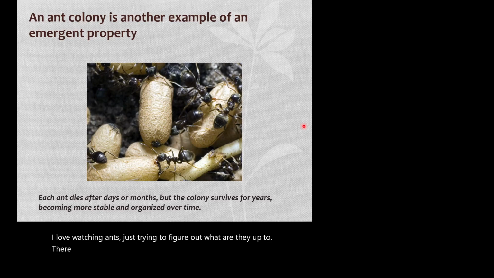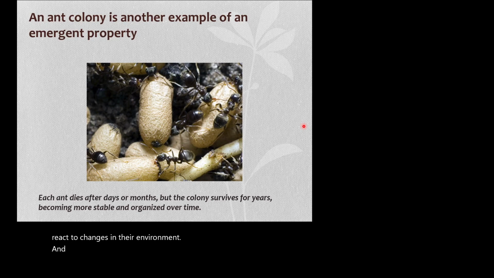They have a very strong sense of chemical detection. They use pheromones to communicate with each other. So as a whole, the colony exhibits some really interesting behaviors, foraging for food, moving to different locations for their nest to protect the eggs and the queen. So they can really react to changes in their environment.